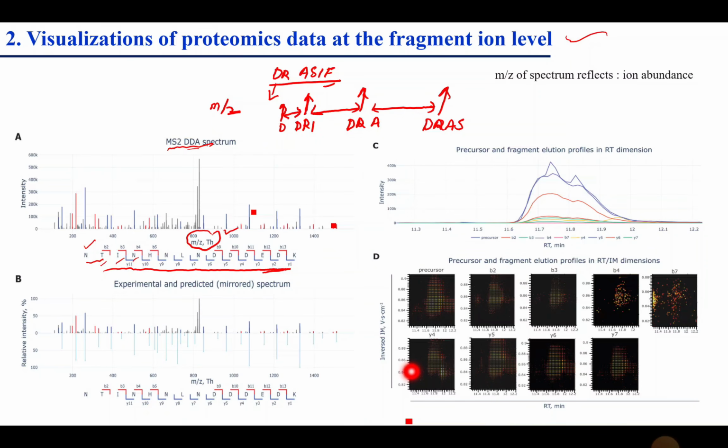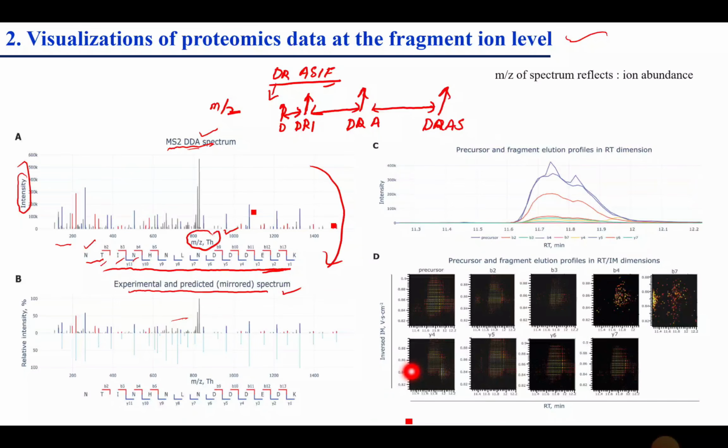So we acquire different mass spectra, whether it is data dependent acquisition or data independent acquisition. Here we have the mass to charge ratio, and again we have the intensity. It is important to know how we convert this data dependent acquisition spectrum to relative intensity.